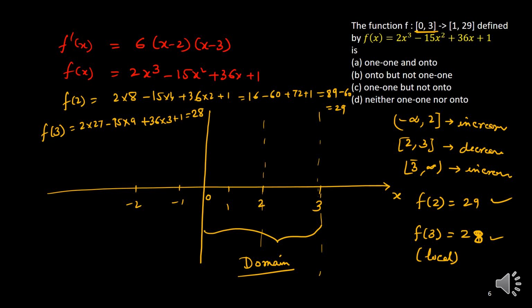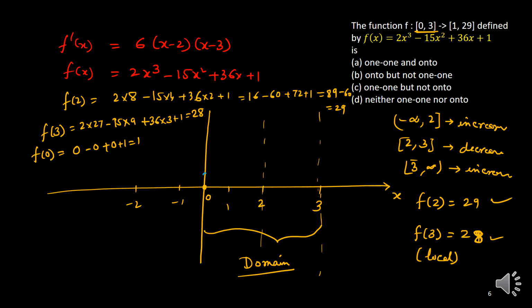Now what is the value at 0, the starting point? f of 0. Can you find the value f of 0 again? That is very easy. This is 0 minus 0 plus 0, plus 1. So at 0 this value is 1.